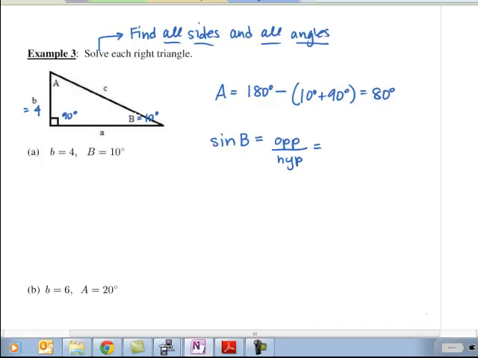The opposite side is 4 and the hypotenuse is C, and we don't know what C is, but angle B is 10 degrees. So sine of 10 degrees is 4 divided by C, and if we solve that for C, we'd have C is 4 divided by sine of 10 degrees.